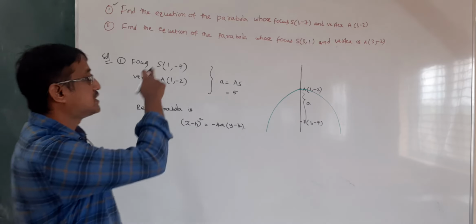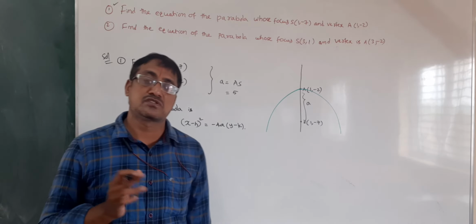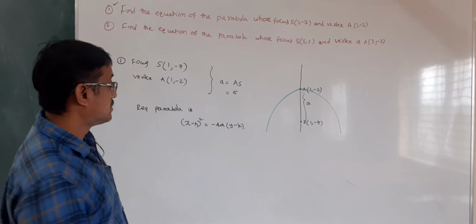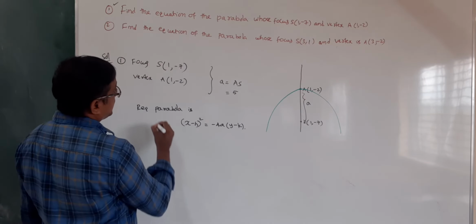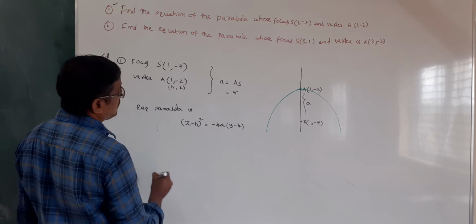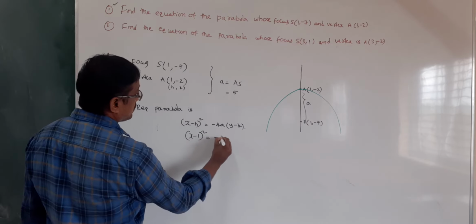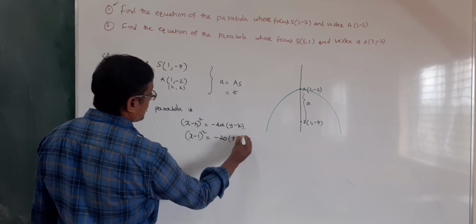Or you can find the distance using root over x2 minus x1 whole square plus y2 minus y1 whole square. So here h comma k is capital A, 1 comma minus 2. So x minus 1 whole square is equal to minus 20 into y plus 2.